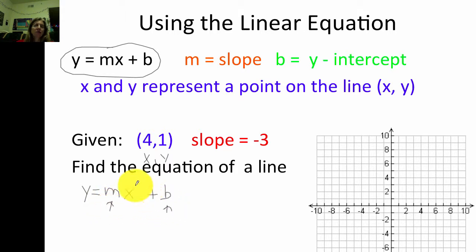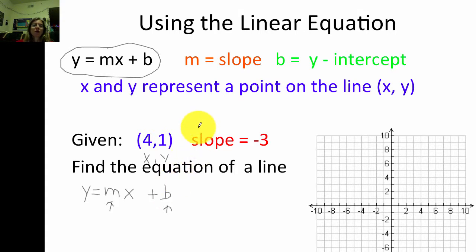You do not have to put numbers here. You can put numbers there to help you find other values. But ultimately, your equation of the line will just be y, there will be a number here, there'll be a letter x, and there'll be a number here.